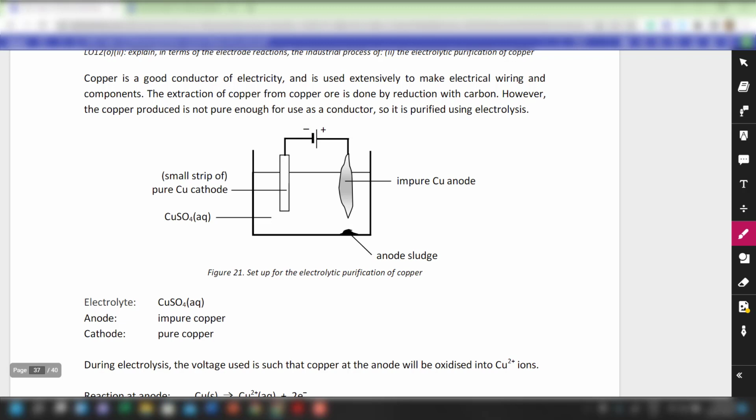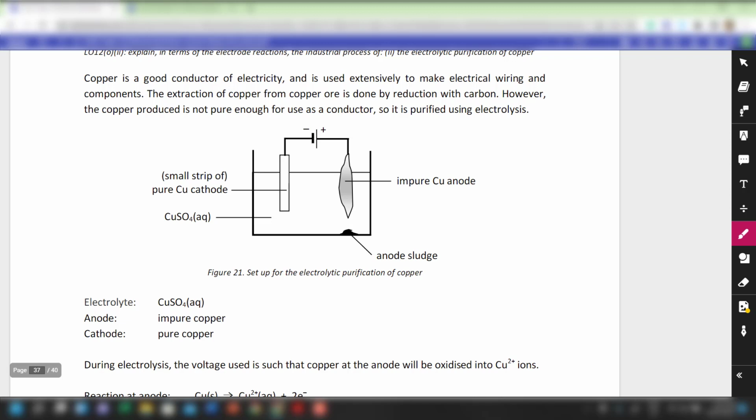We call it a sludge because it appears sluggish, with bits and pieces of solid. It's usually not very useful unless we gather them together, melt them again, and perform another round of electrolysis to extract whatever metal is present. Then any metal that is more reactive than copper will be oxidized alongside copper.